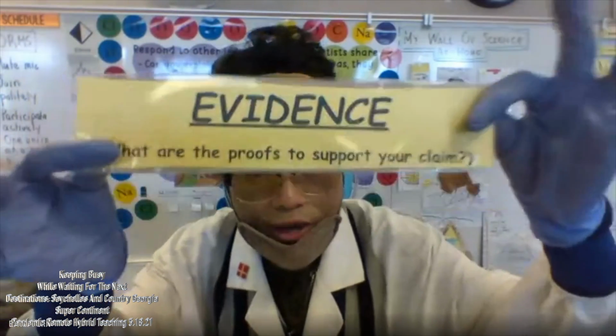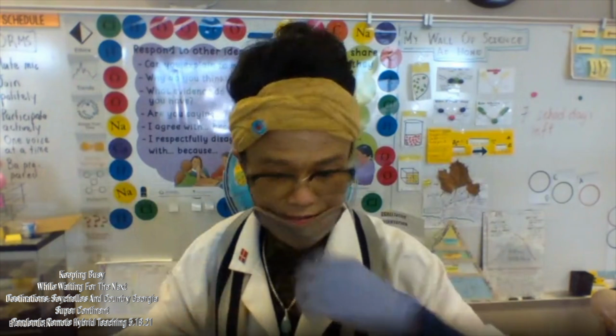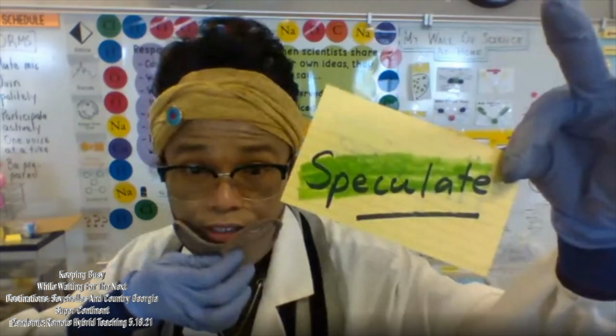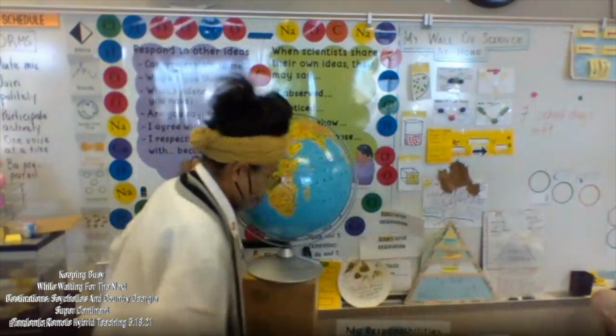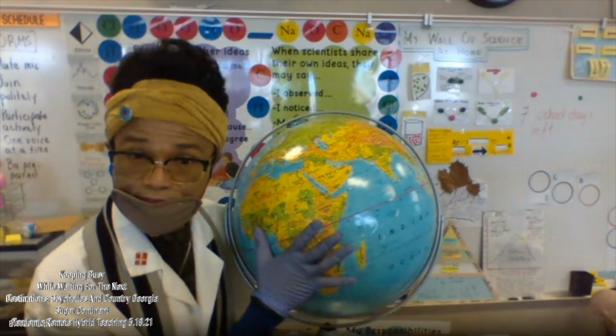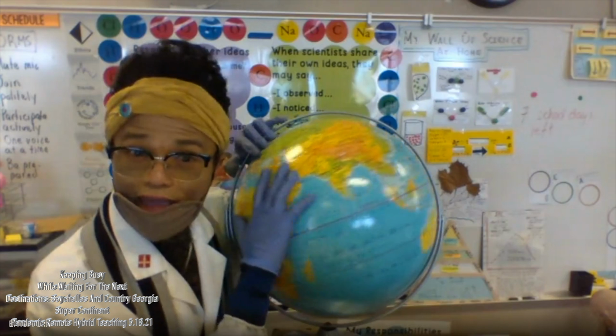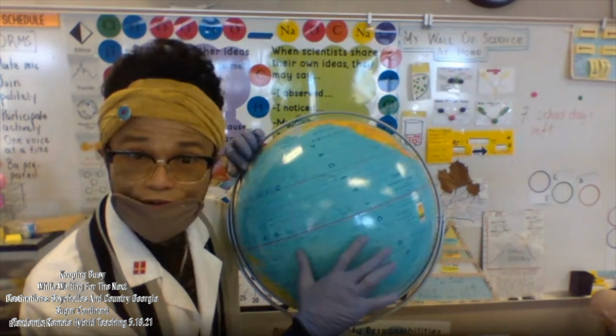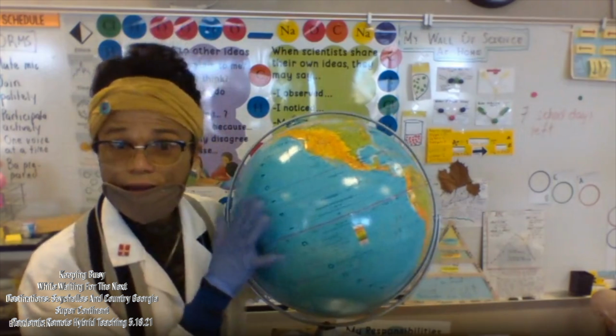We are going to look for some evidence that the motion of the supercontinent way back 200 million years ago could be, we're speculating, could be the reason why these continents are not very close, but they are separated by waters.